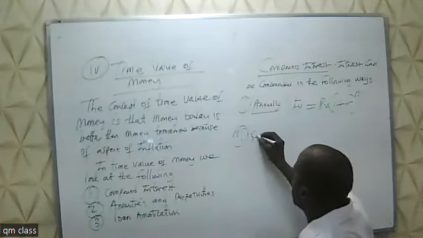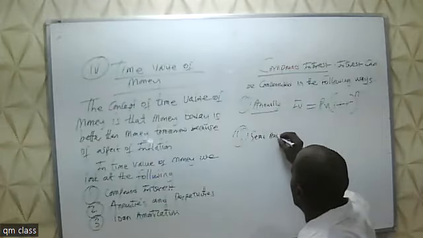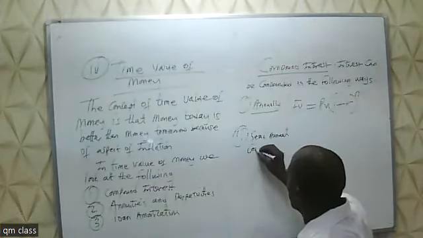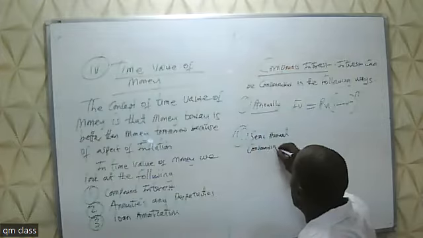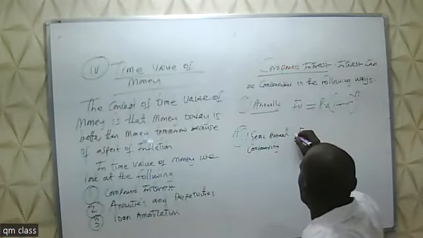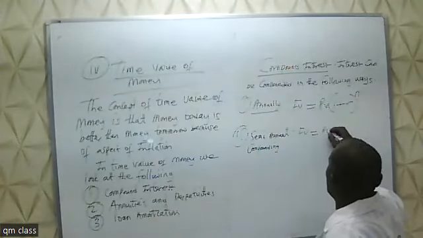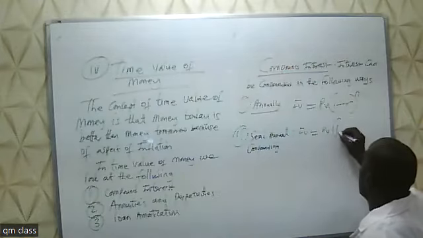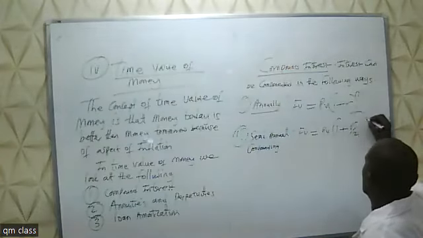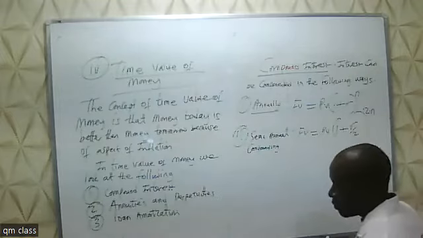The second one, semi-annual compounding: our future value is equal to present value 1 plus r divided by 2 to the power 2n.